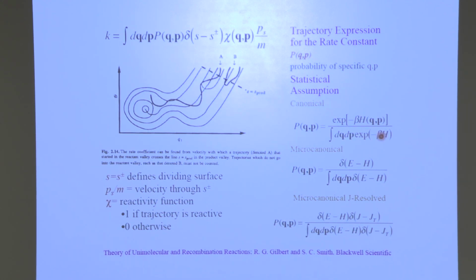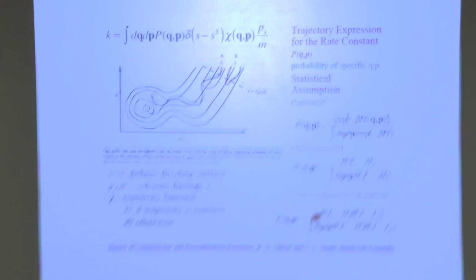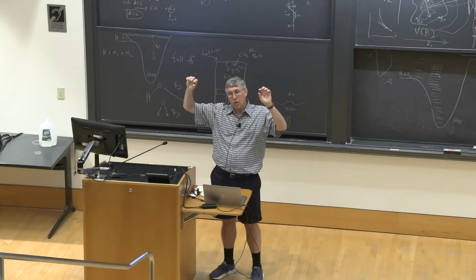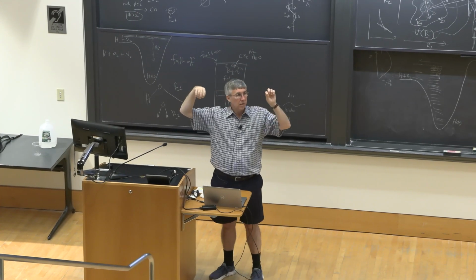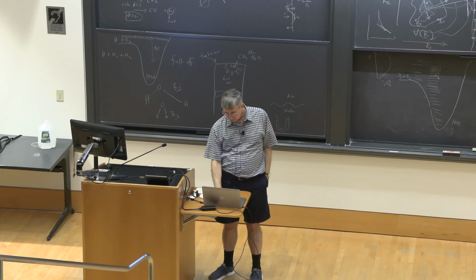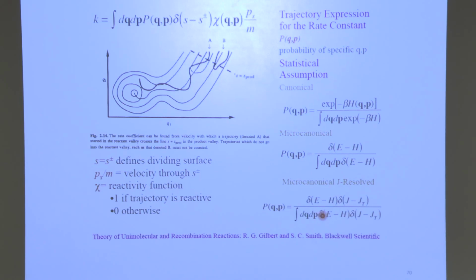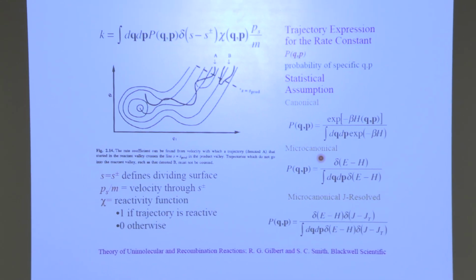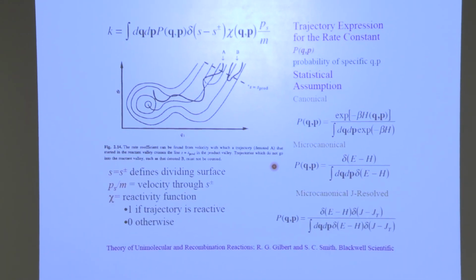We usually do them canonical, where we assume everything's Boltzmann. Another way is to assume perfect energy conservation, so all states that have exactly the same energy are equally likely to be formed, and all states with different energies have 0 probability. Then you would weight things by a delta function instead. It's called microcanonical. So those are two different ideas.